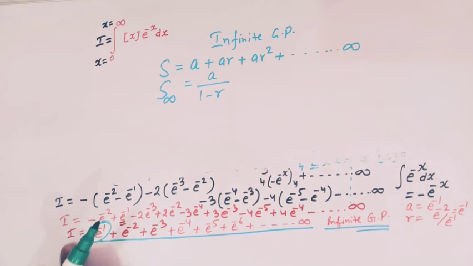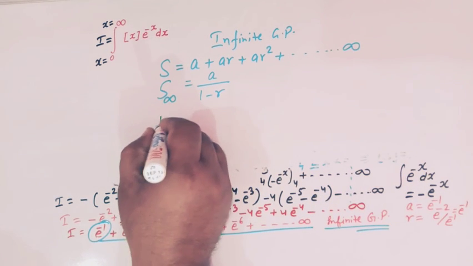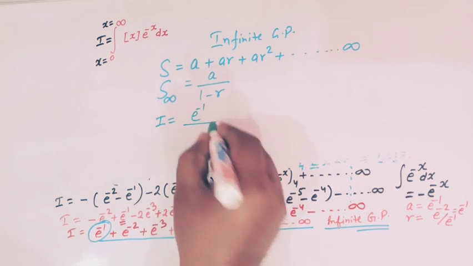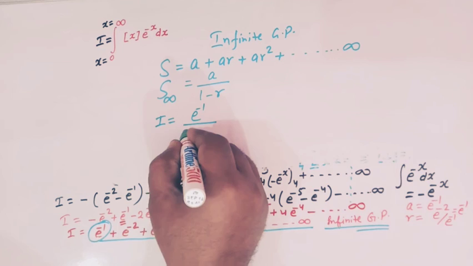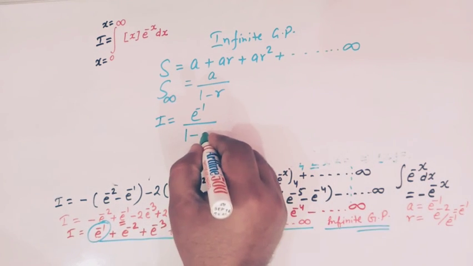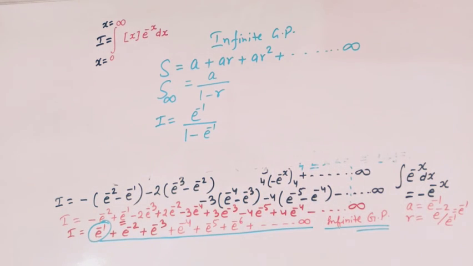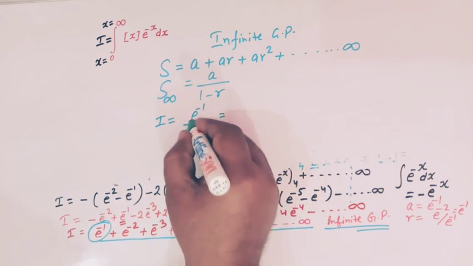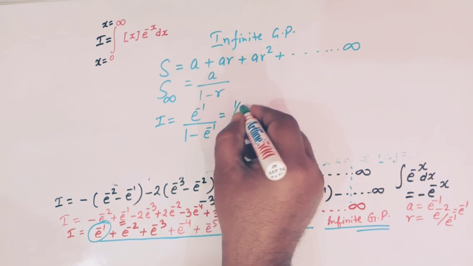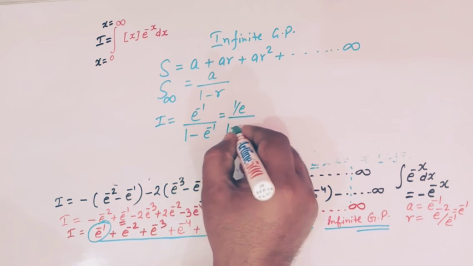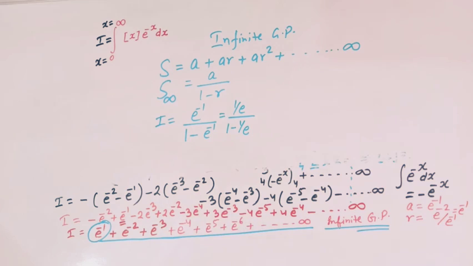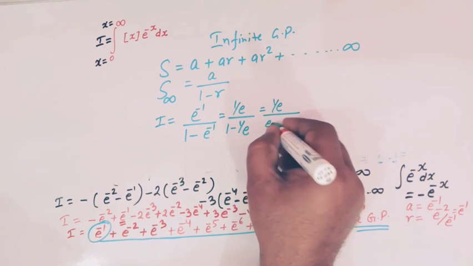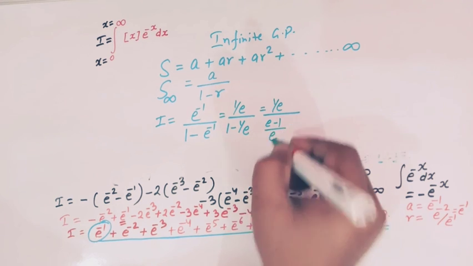So this integral is now equal to, for a we have e raised to minus 1 and for r we have e raised to minus 1, right? Okay, now we have to simplify this expression. E raised to minus 1 is 1 over e and this is 1 minus 1 over e, right? So this is 1 over e and this is e minus 1 over e, right?